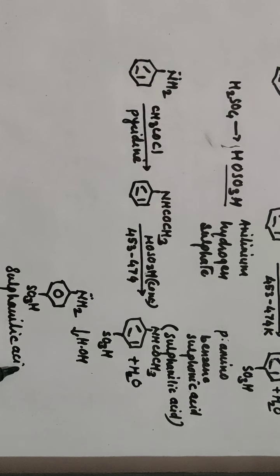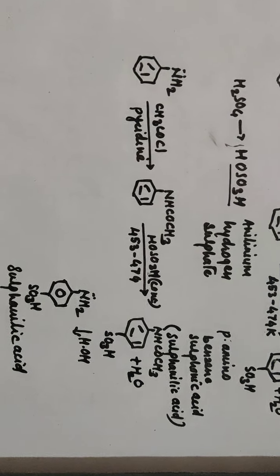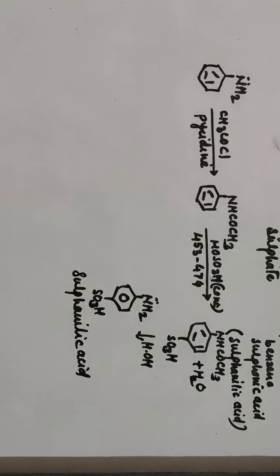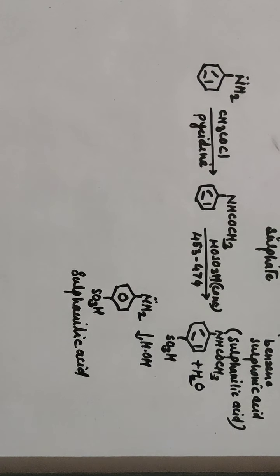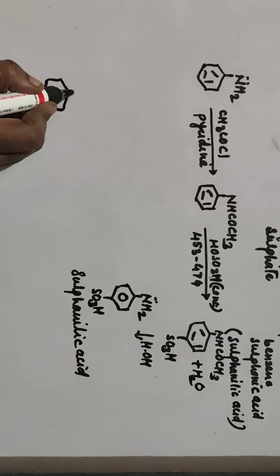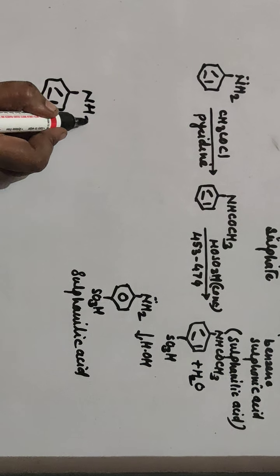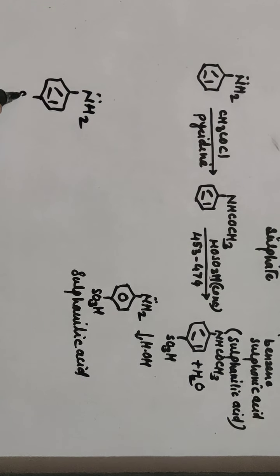I'll write again the name, sulfonilic acid. Then in this compound, acidic and basic groups are both present in the same molecule. I'll write it here again, C6H5, NH2 and SO3H. So the NH2 group is your basic group and the SO3H group is the acidic group.